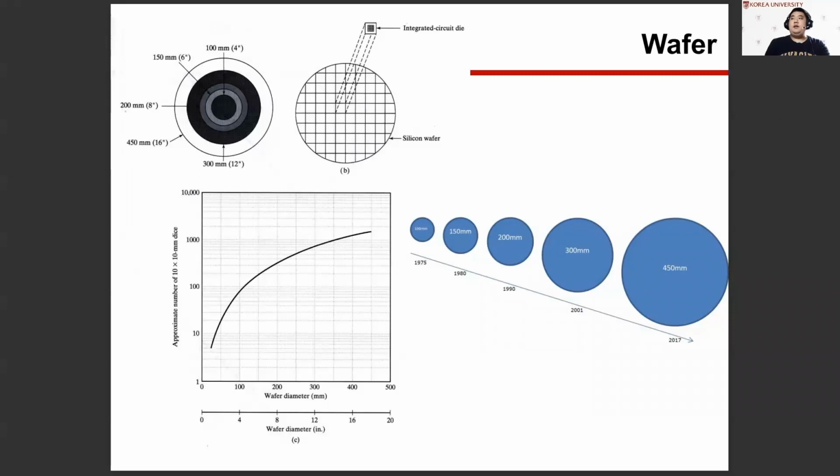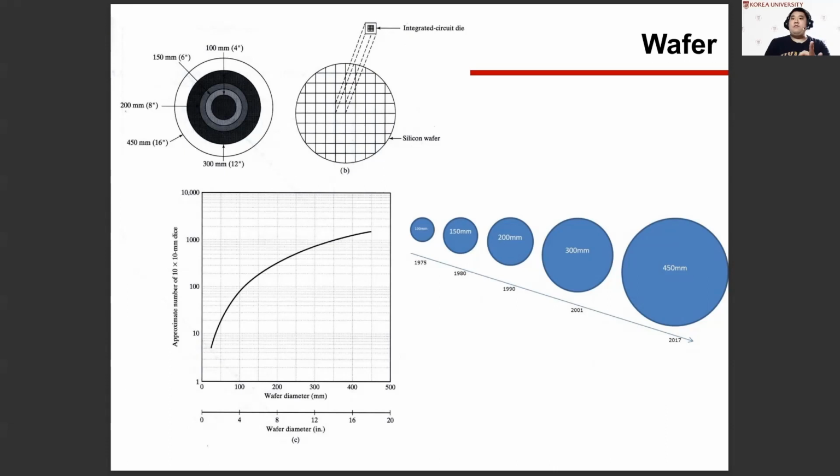As you can see, the wafer is the place where the semiconductor devices are going to be made. The bigger the wafer, the more chips you can make.